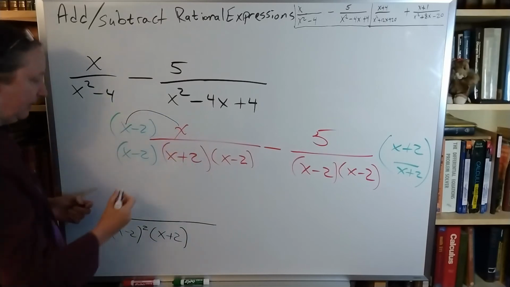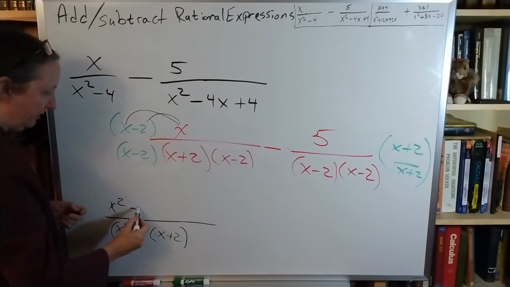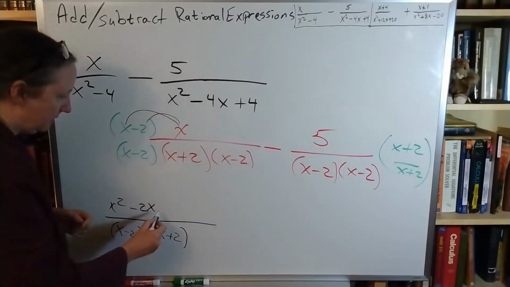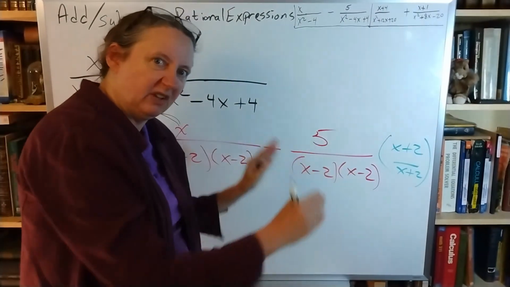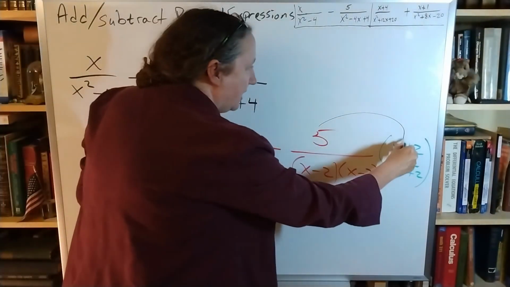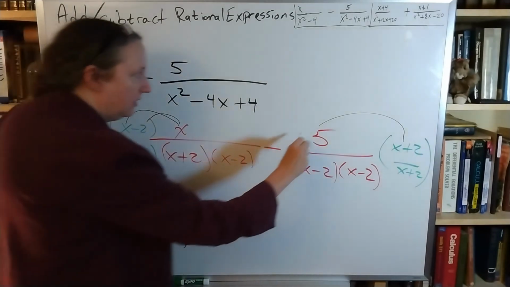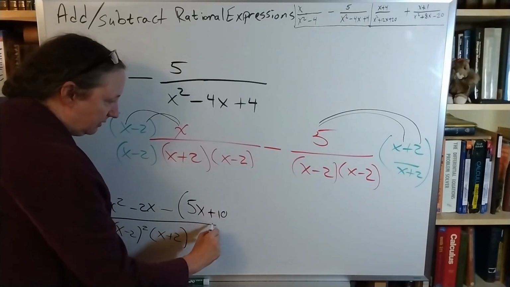Distribute: x times x is x squared, x times minus 2 is minus 2x. I have my minus sign, and I'm subtracting that whole thing there, so I'm going to put that inside parentheses. 5 times x, 5x, 5 times plus 2, plus 10.